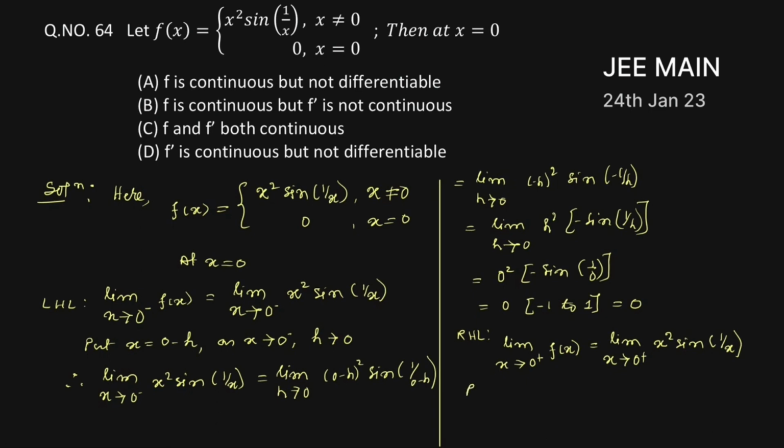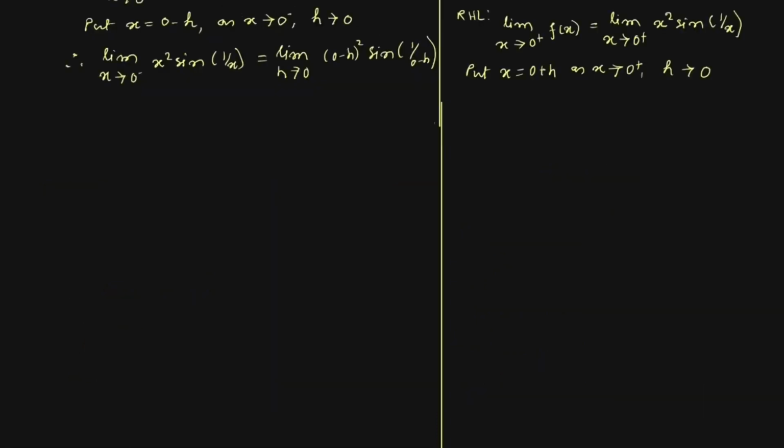Now we put x equal to 0 plus h. h is some small value, we add it to 0, so that we get the value of x slightly greater than 0. As x tends to 0 plus, we are able to write h tends to 0.